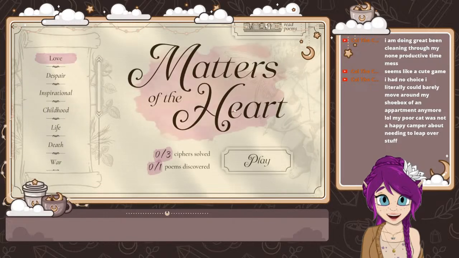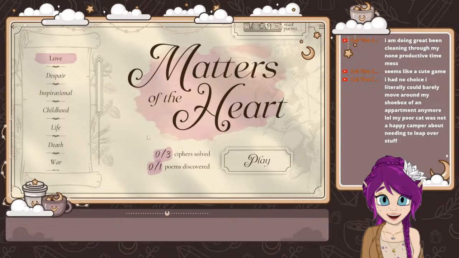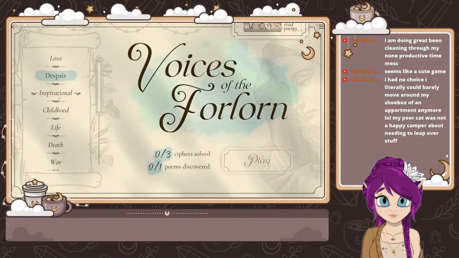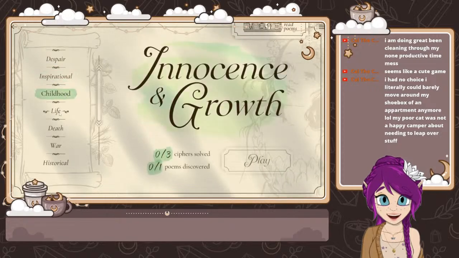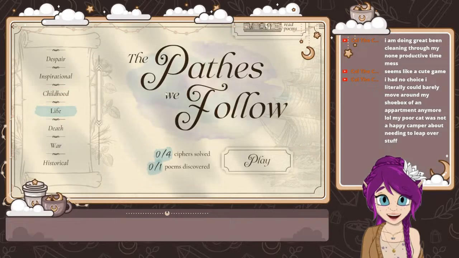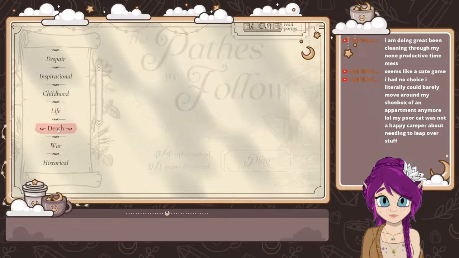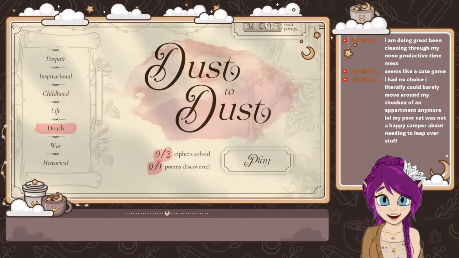Let's start with love, because that's always a good one to start with for poems. So we have love, we have despair, inspirational, childhood, life, the path we follow, death, dust to dust. I love the illustrations in the background too.